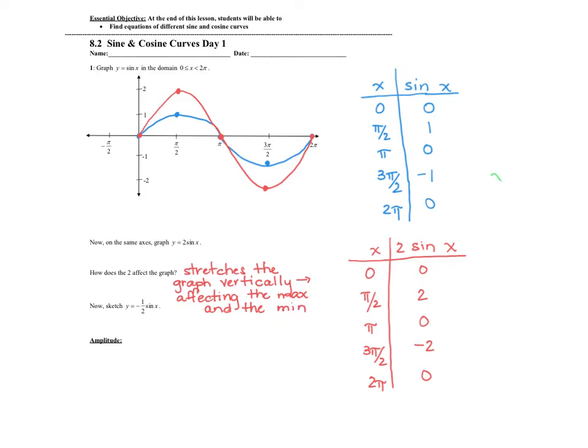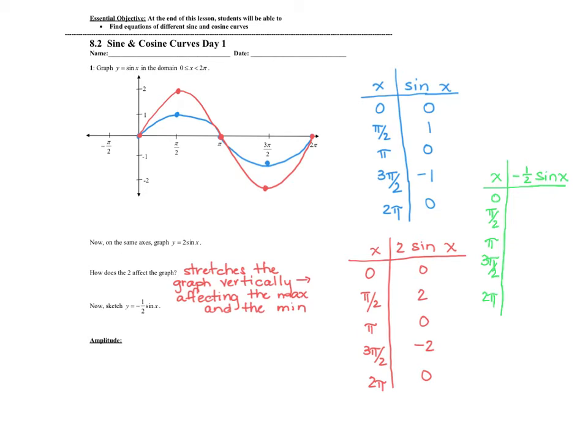If I put another t-chart in here to see what happens when I multiply the sine of x by negative 1/2, again, my 5 critical points, and changing the sine of x by multiplying by negative 1/2.